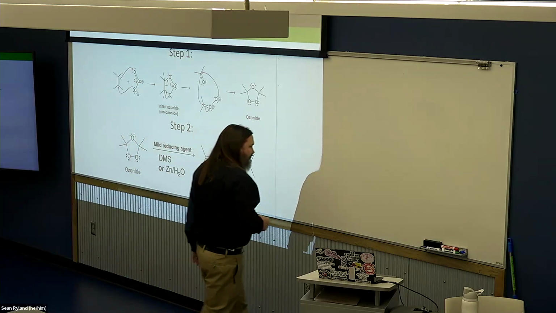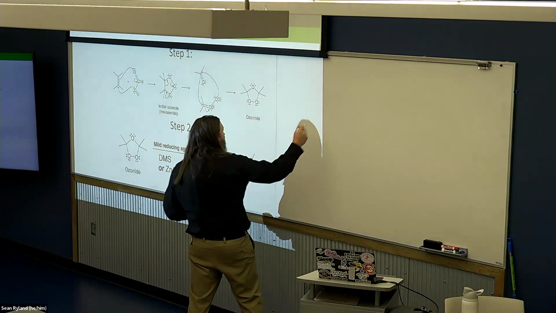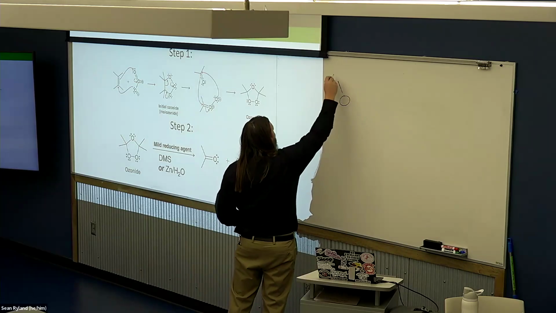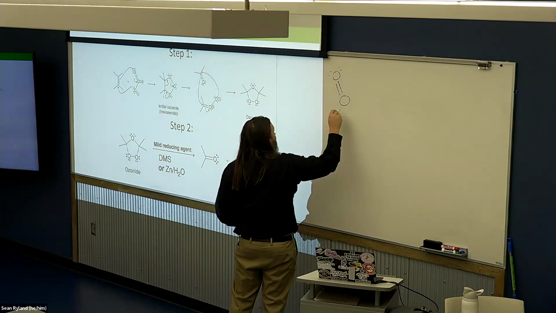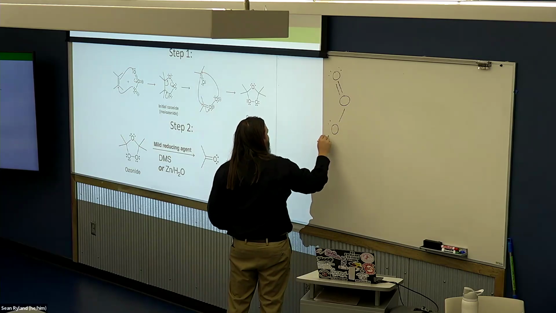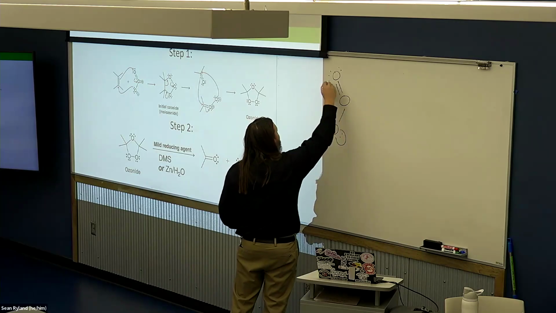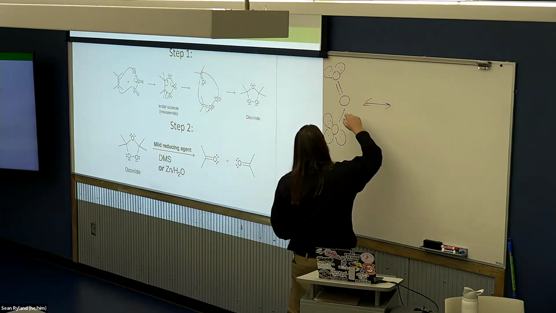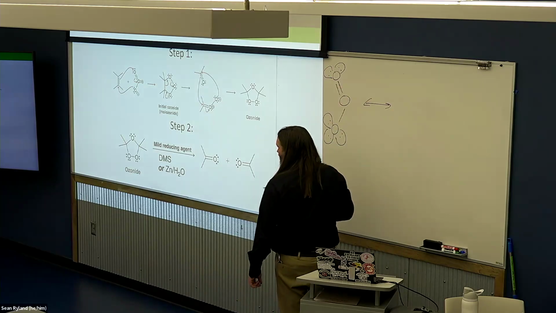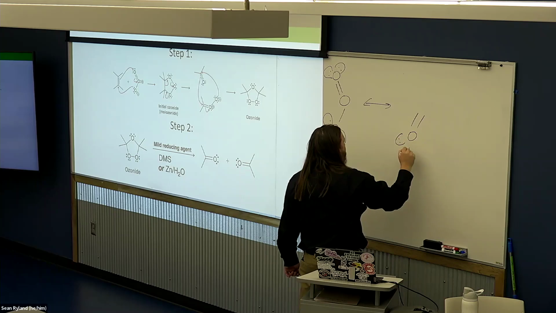Ozone does have a resonance structure, so it's kind of arbitrary which direction the electrons are moving, because that resonance structure is going to look like just moving the pi bond to the other side.